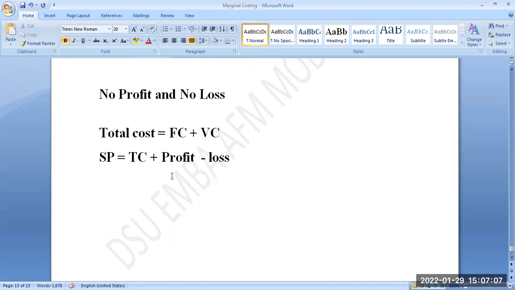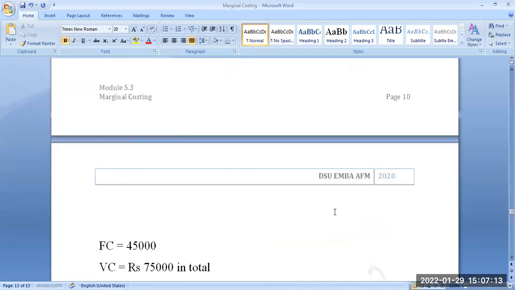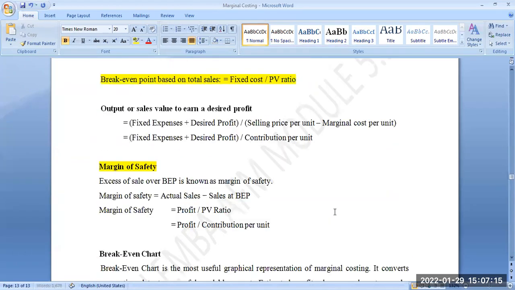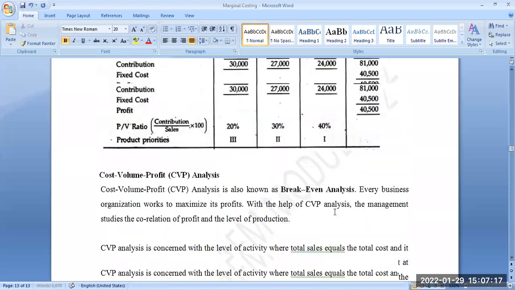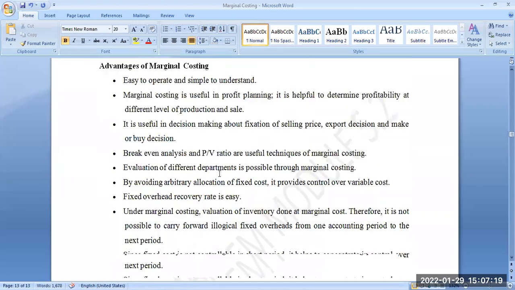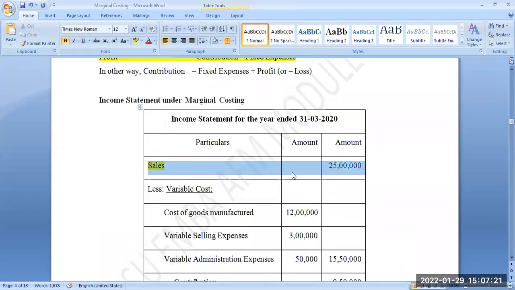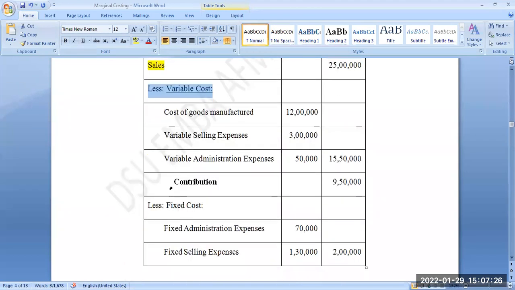Okay, now look at this particular statement. Income statement. Same thing, if you put it in statement form, you can see like this. Sales minus variable cost. We have a breakup called contribution. Excess of sales over the variable cost is called contribution. Suppose you are selling a product for 25 lakhs.